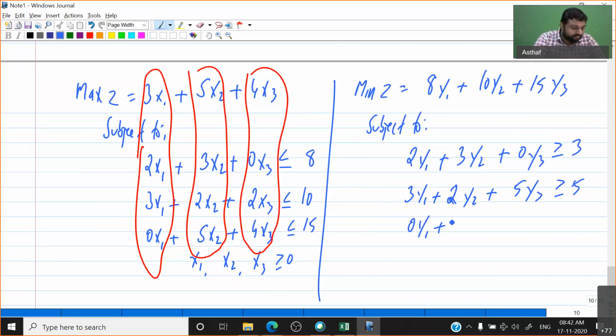Then 0y1 plus 2y2 plus 4y3 greater than or equal to 4. y1, y2, y3 greater than or equal to 0.